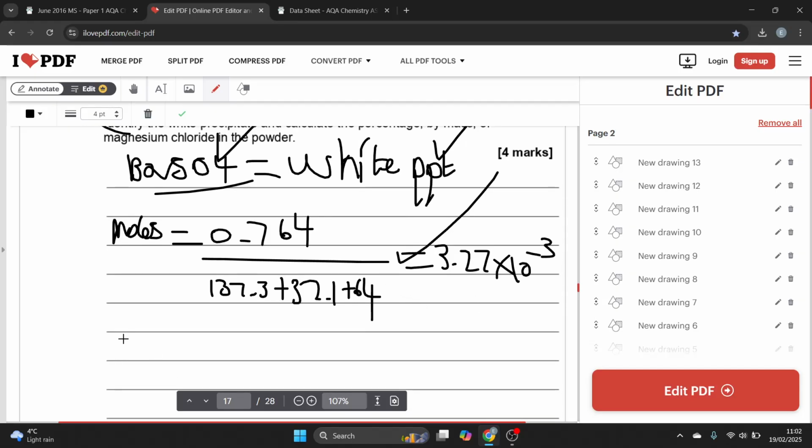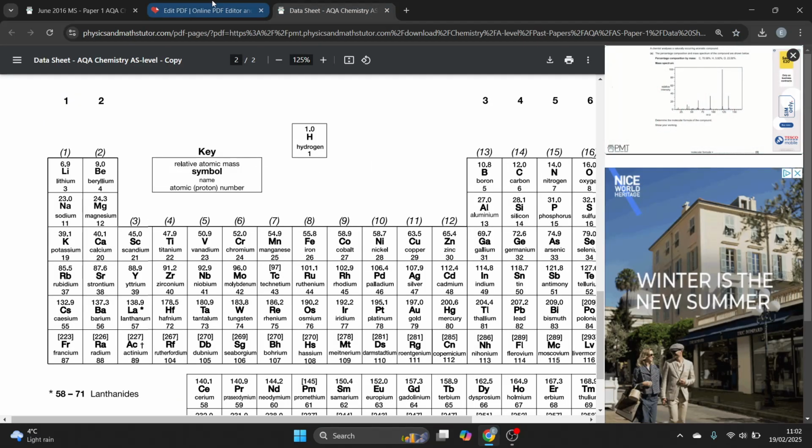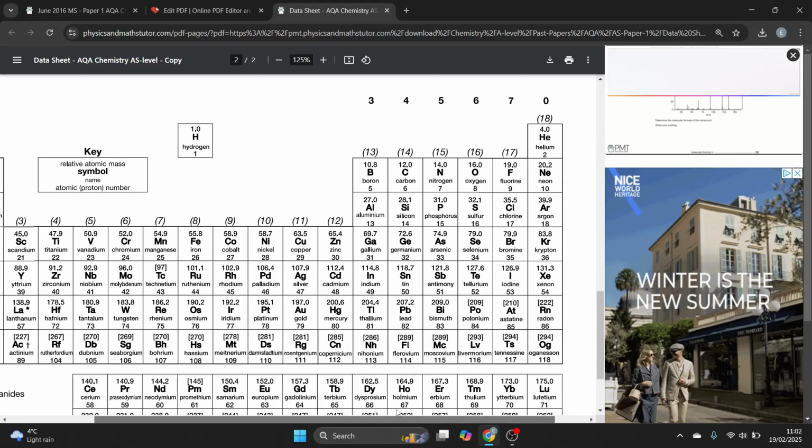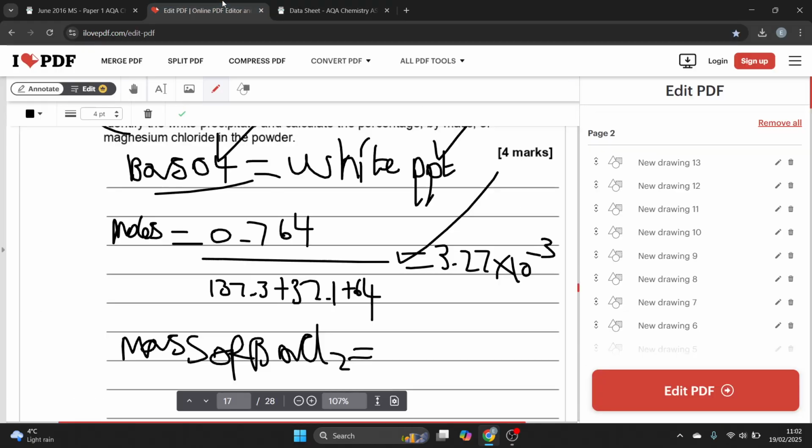Then I find out the mass of barium chloride, which is going to be the MR of barium chloride. Barium is 137.3, so 137.3 plus 35.5 plus 35.5 is 208.3, times 3.27 times 10 to the power minus 3.